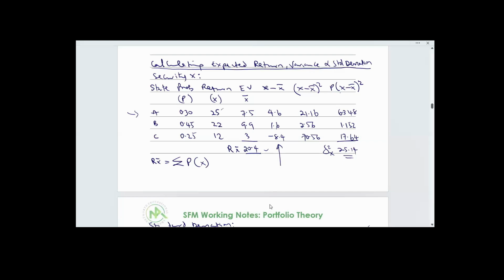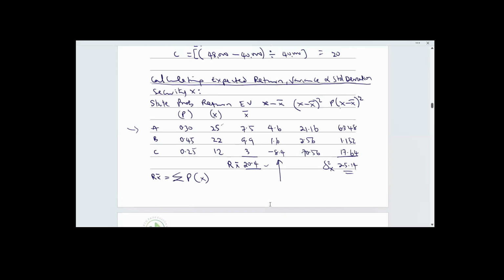Then the weight of security X, according to the question, we are told that 60,000 naira will be invested on security X, which is 60%, because 60,000 divided by 100,000 will give us 0.6.